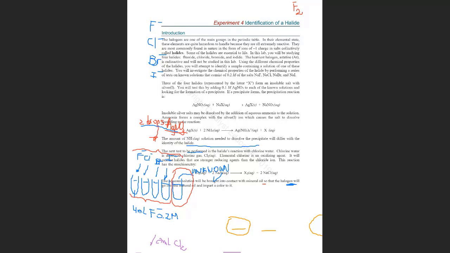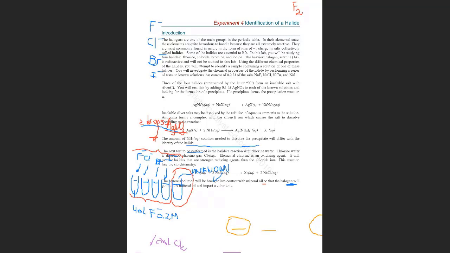If not, you can ask me, because they will ask you in the quiz, in different parts. So it has to be clear. Because the chlorine water is reduced, Yvonne said it's an oxidizing agent.